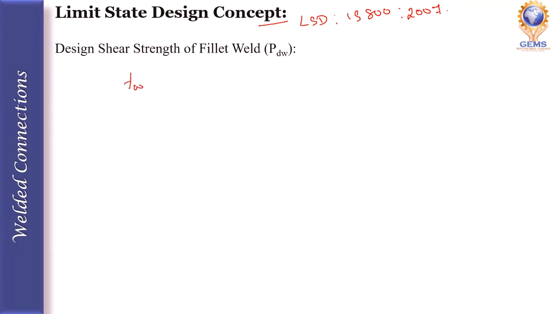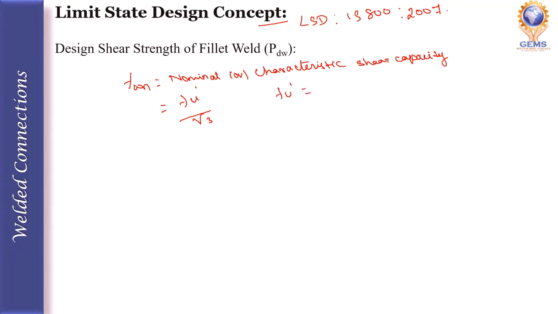Let FWN be the nominal or characteristic shear capacity of the fillet weld. It is equal to Fu dash by root 3. This Fu means ultimate stress. So how do we get the Fu dash?